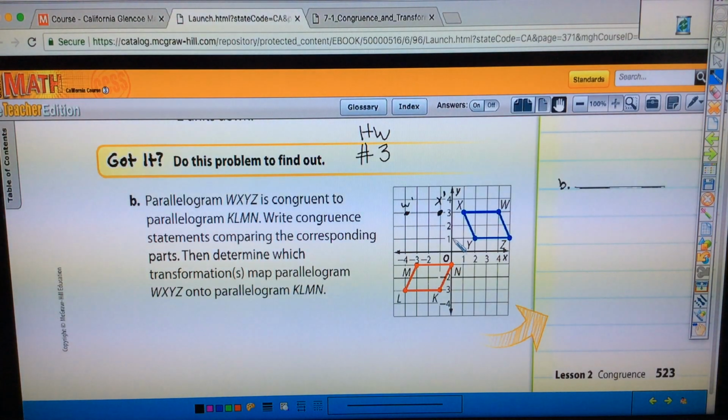W prime. Y is 2 units to the right, so it's going to be 2 units to the left. And Z looks like it's 5 units to the right, which means it's going to be 5 units to the left. Okay, let me go ahead and draw my shape here. I will put it just in black.